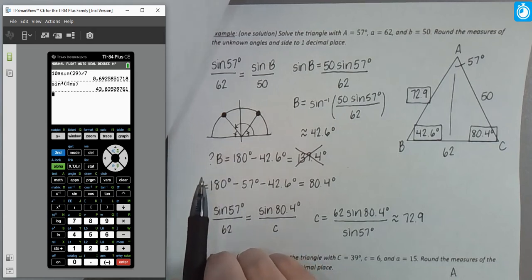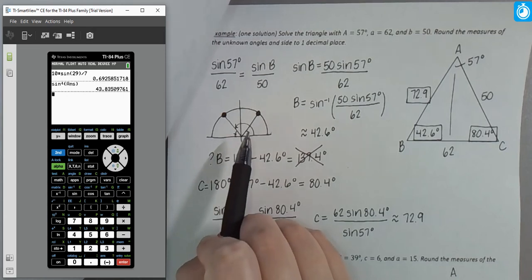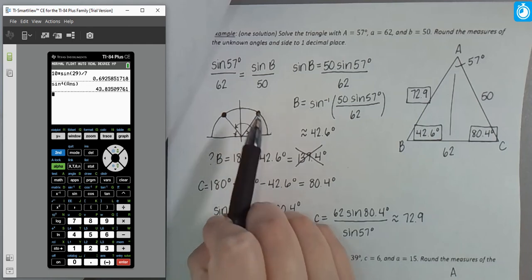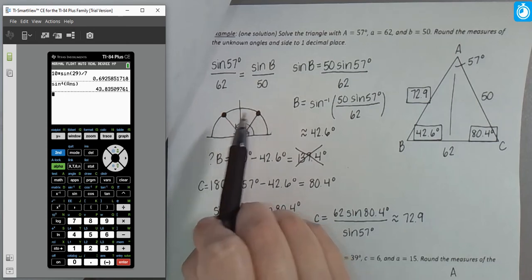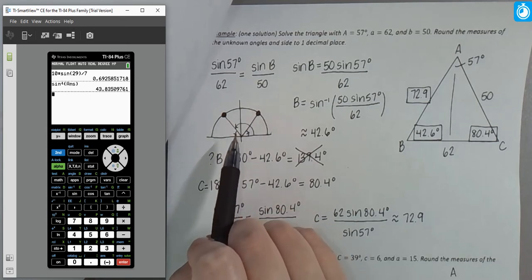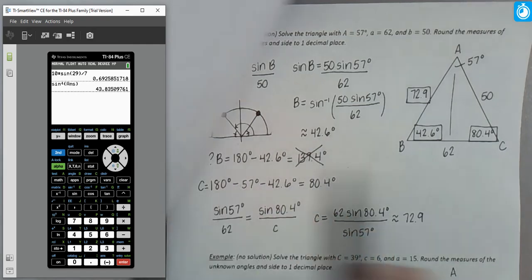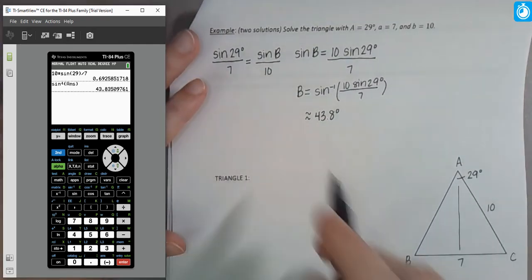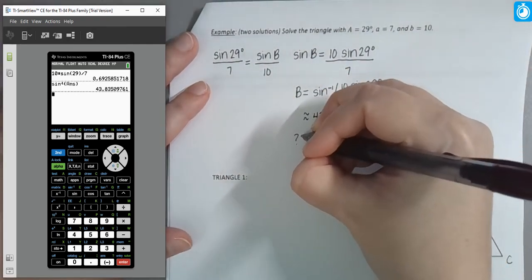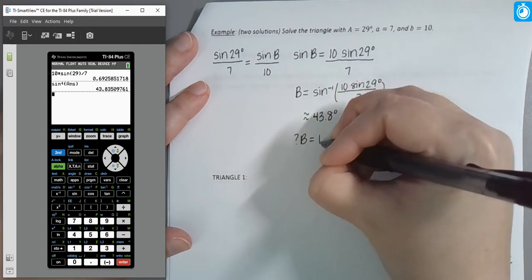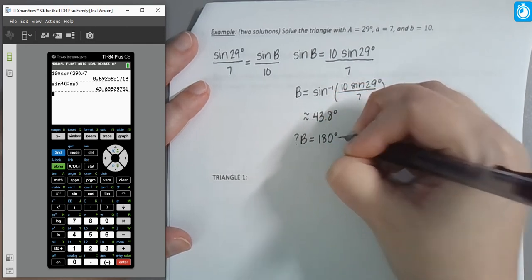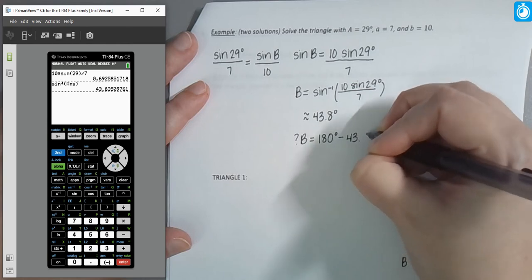If they have the same trig values, they have the same reference angle, so the additional angle we want is the half rotation, 180, minus the angle we solved for. So the other possible value for B is 180 degrees minus 43.8 degrees.